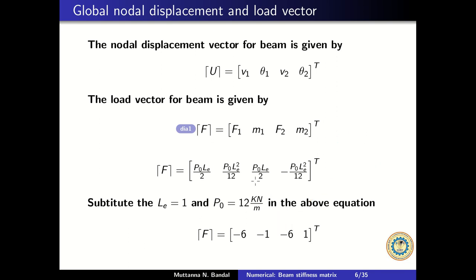Similarly, the shear force at node 2 will be the same, and the moment at node 2 will be positive 1 because it is carrying a negative here. So it becomes minus of minus 12 into 1 square divided by 12. So it carries a positive value.